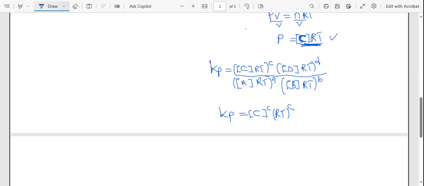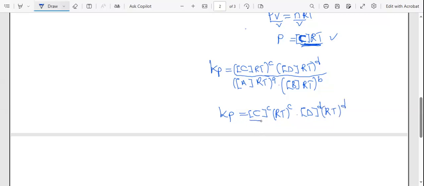Then again C there, times the concentration of D raised to the power D, distributed as follows. Then we have RT of D raised to the power D like that.